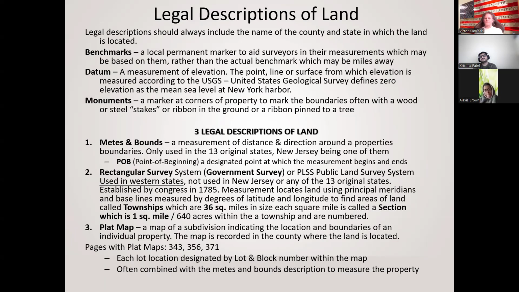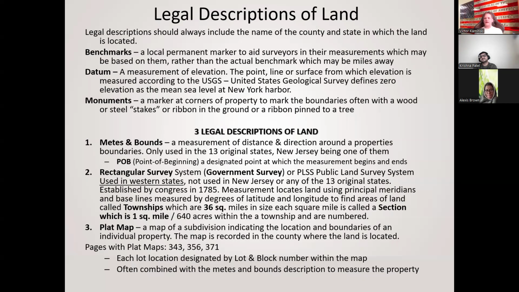Which legal description of land is used in the 13 original colonies, the 13 original states? Metes and bounds. Which legal description of land, its measurement begins and ends at a definite designated point? Metes and bounds.